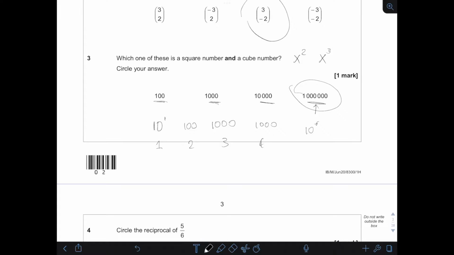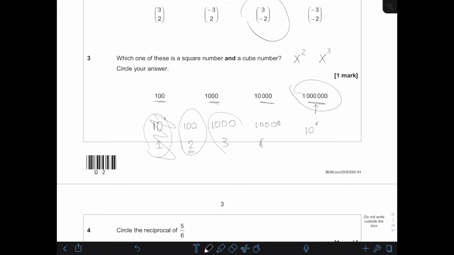So actually this is the only valid one. Sorry, I missed the 0 here. 10 is not an option in this question, so ignore that. 100 has an index of 2, but it cannot have the index of 3 as well.